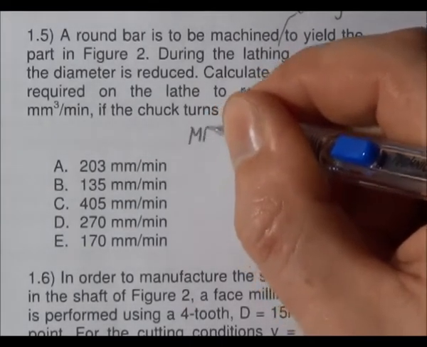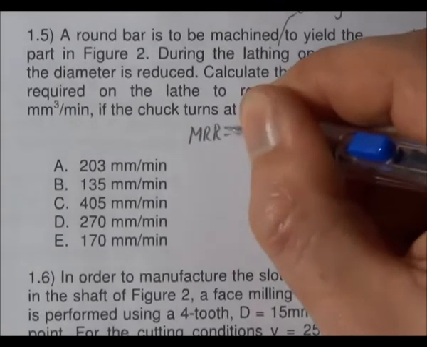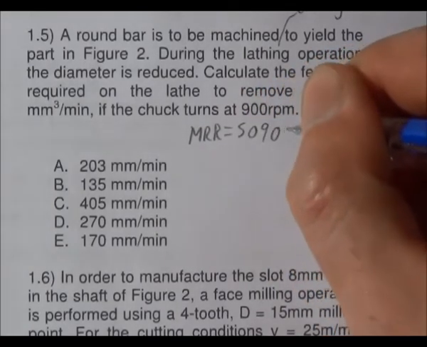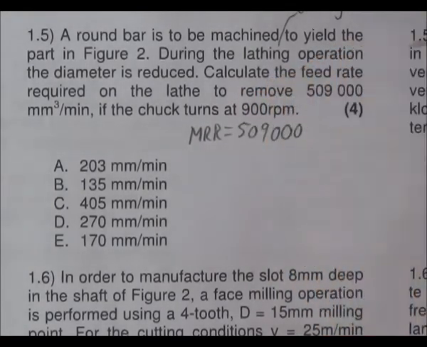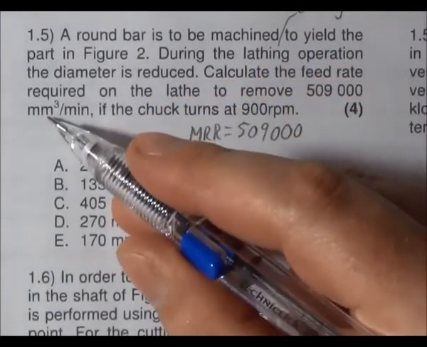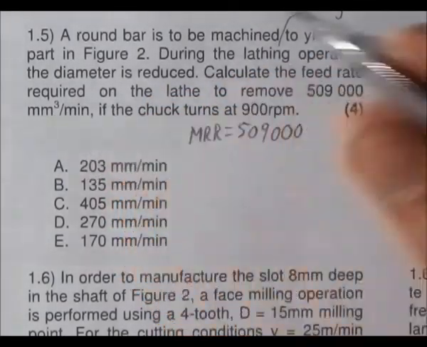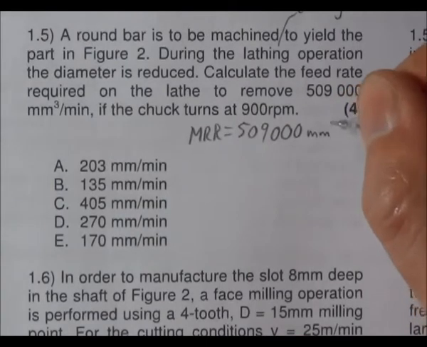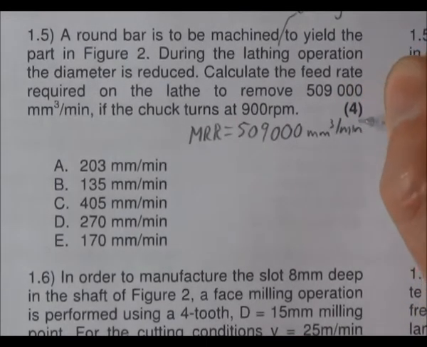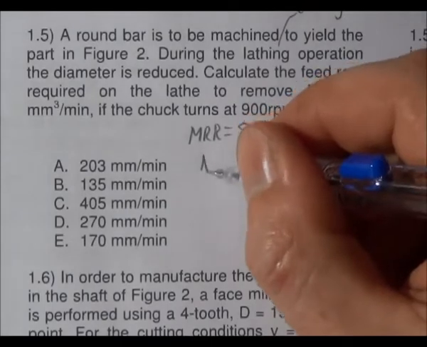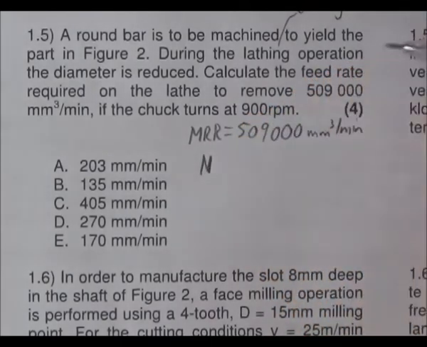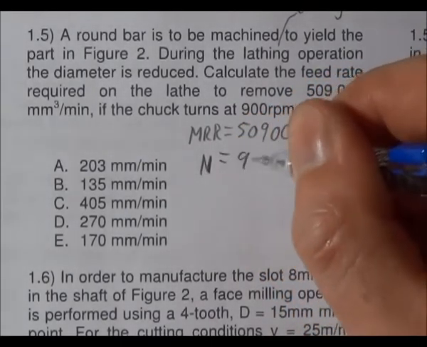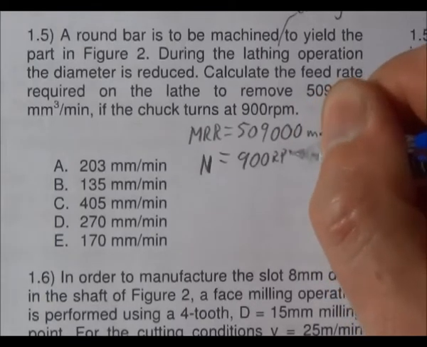So we are given material removal rate is 509,000, and note the unit is in cubic millimeters. We're given our rotational speed is equal to 900 RPM.